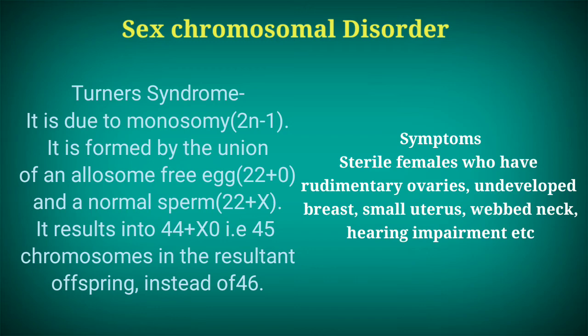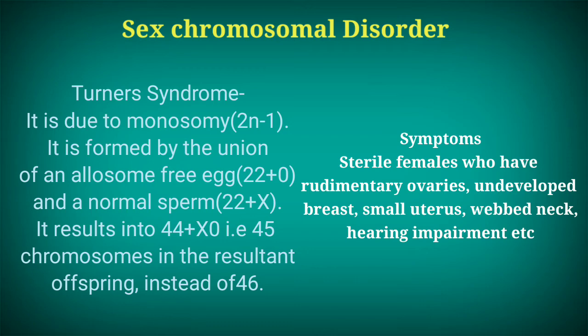This is a monosomic condition which results in Turner syndrome for female individuals, where the symptoms are that the females are generally sterile, who have rudimentary ovaries, that means they cannot give birth to the next generation, undeveloped breasts, small uterus, webbed neck, and hearing impairment, etc.